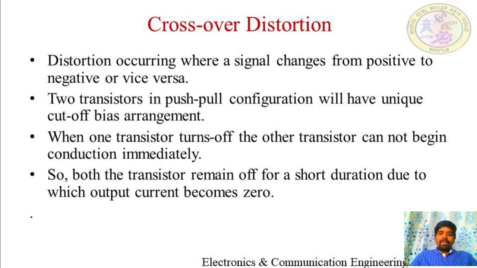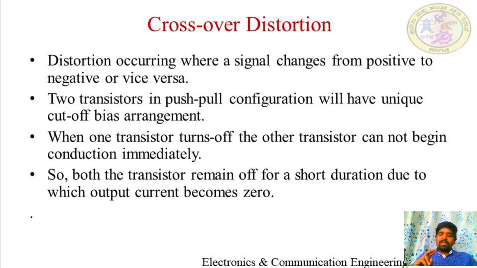So when does it happen? It is distortion occurring where the signal changes from positive to negative or vice versa. That means whenever there is a change in the signal from positive to negative and negative to positive, during the zero crossing, the crossover distortion happens. So why exactly does it happen? Here they are saying the two transistors we are using in the push-pull configuration have a cutoff bias arrangement.